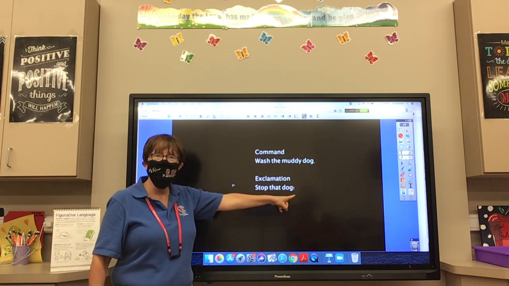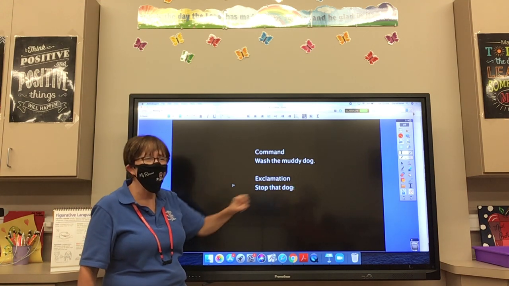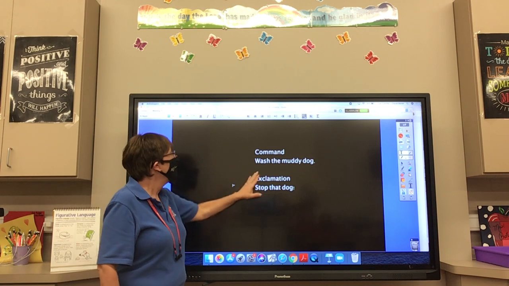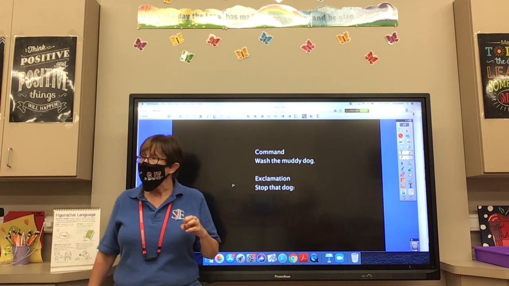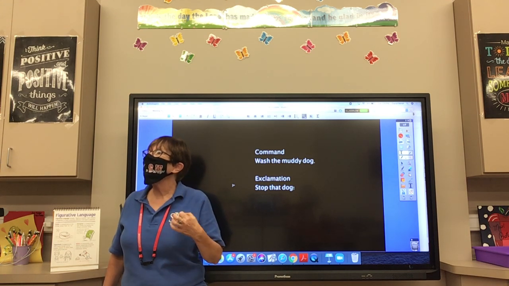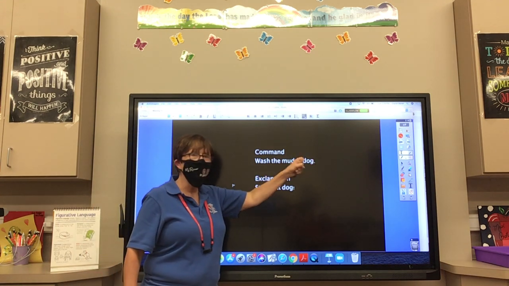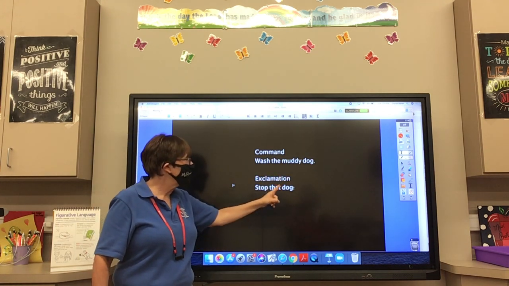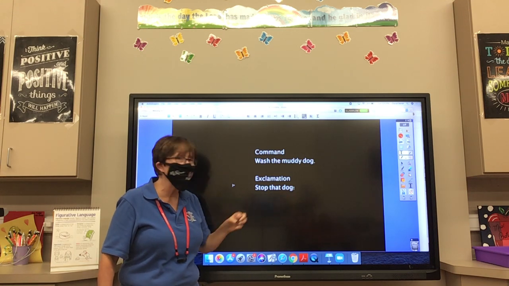An exclamation mark. Even though this one looks kind of small, but it is an exclamation mark. So we can tell the difference between the two sentences by how they end. A command ends with a period. An exclamatory sentence ends with an exclamation mark.